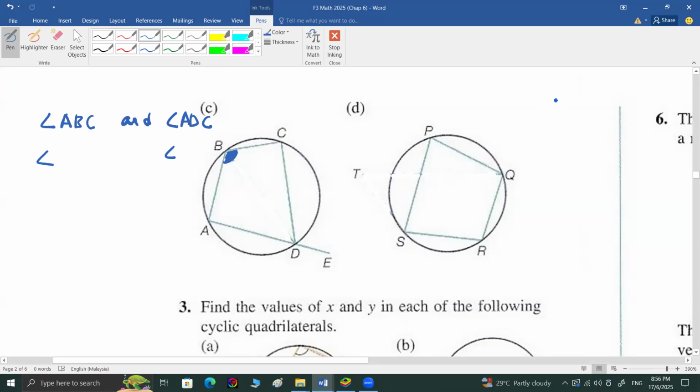Okay, can I have the first one? I mean, C, another one is what? B-A-D and? Yes, B-C-D. This and this, right? Okay, these two, the blue one, and these two the same. What about this one?